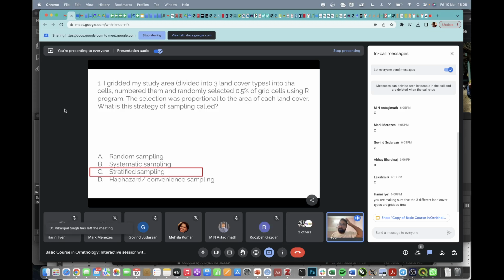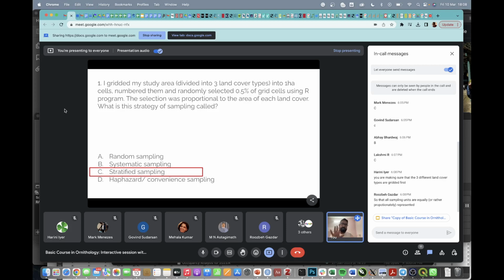Say the land covers have 20%, 30%, and 50% of the area, and I throw over 100 points onto that entire region. What I'll mostly get is 20 plots in the first, 30 in the second, and 50 in the third, based on the proportion of the area each land cover occupies in the entire sampling area.